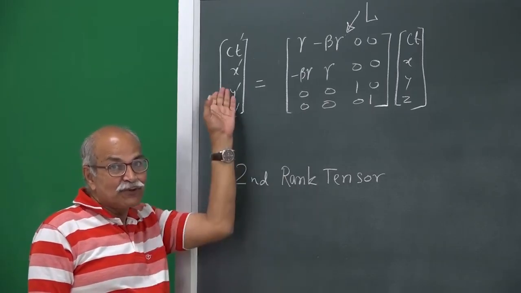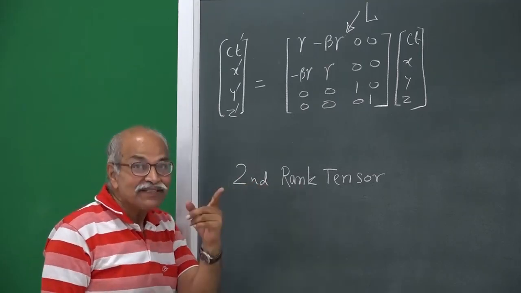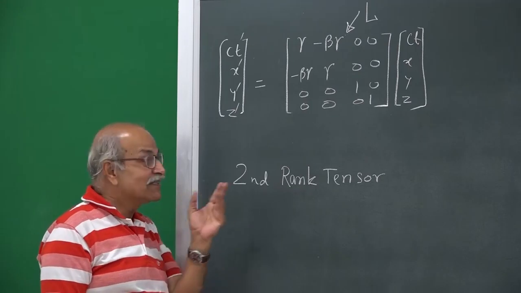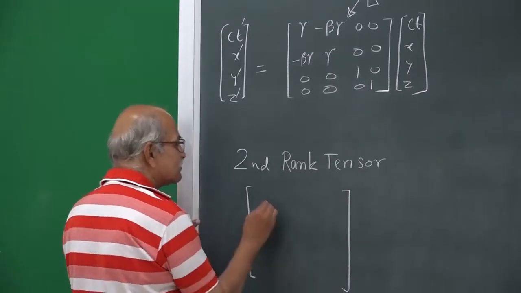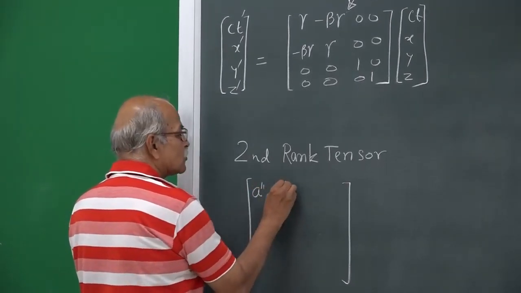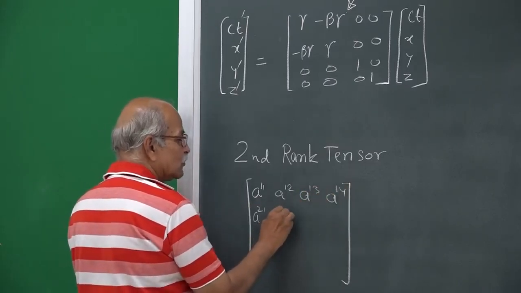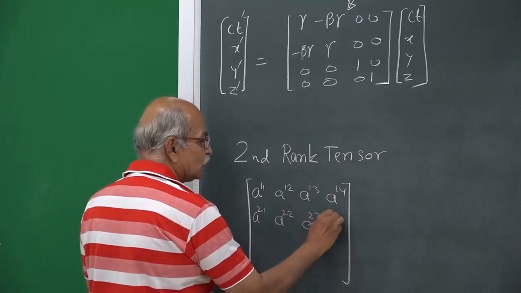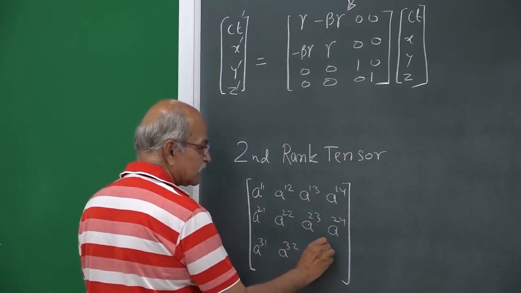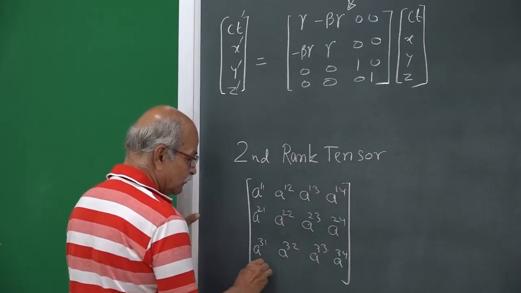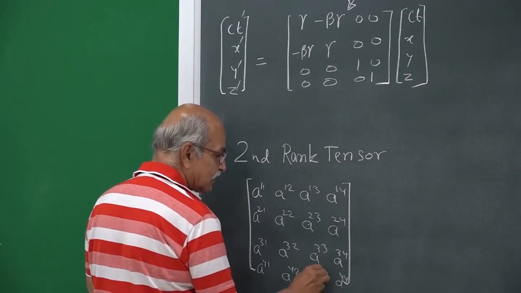If my vector has 4 components, then this second rank tensor will have 4 squared, that is 16 components, and this quantity itself will be represented by a 4 by 4 matrix. So, let me say A11, A12, A13, A14 like that, A21, A22, A23, A24, then A31, A32, A33, A34, A41, A42, A43, A44 like that.